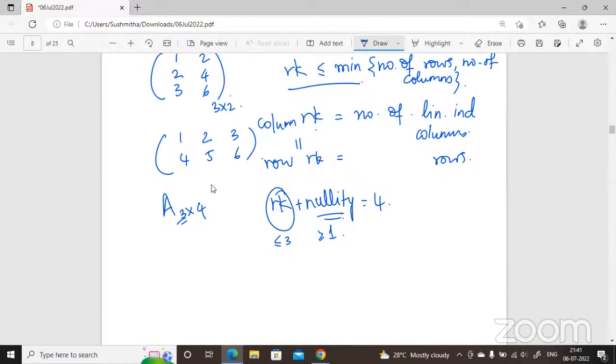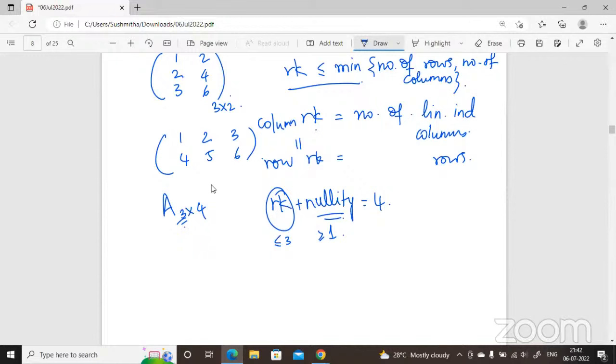So the rank can be at most 3, right? Because it has to be less than or equal to the minimum of the number of rows and columns. There will be 4 columns over here, 3 rows, and 4 variables also. I'm not able to understand this part.